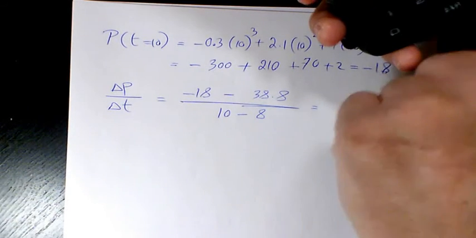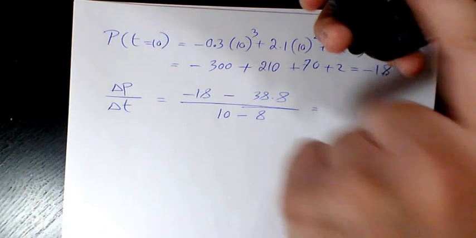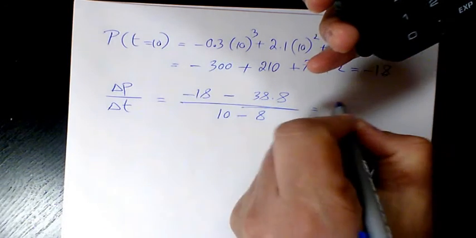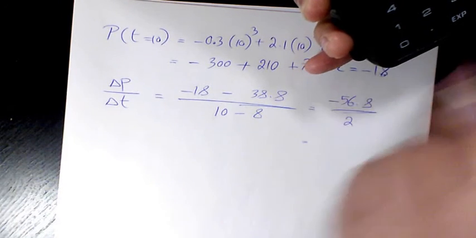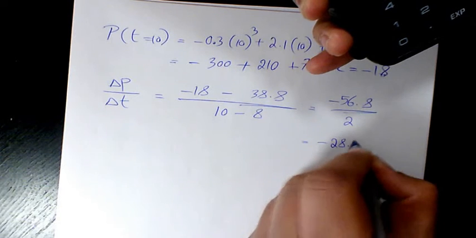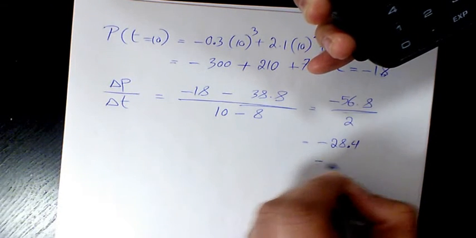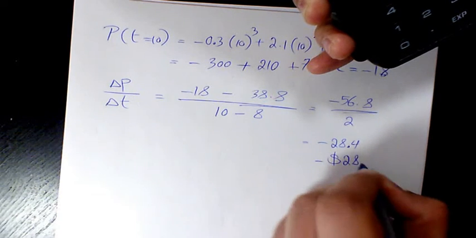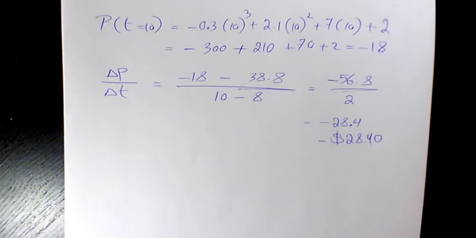So negative 18 minus 38.8 is negative 56.8, divided by 2. That's going to be negative 28.4, or negative $28.40. It means that on average the price decreases by $28.40 per year.